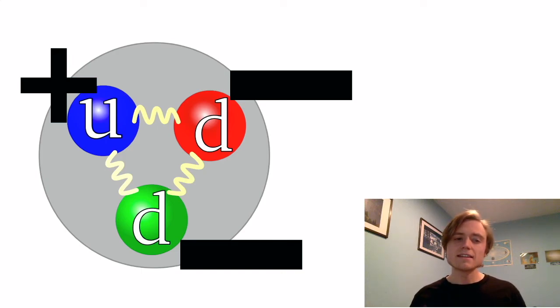You see, these charges from the quarks don't necessarily all cancel out at the same place. So you could have one side of the neutron being slightly more positively charged than the other side. In this case, the side with the up quark might be a little bit more positive than the side with the down quarks. And if this were the case, it would introduce a way to break CPT symmetry.